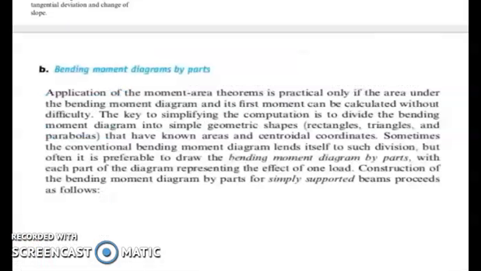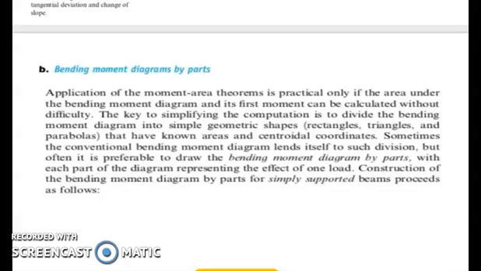So the bending moment diagram by parts. The application of the moment area theorem is practical only if the area under the bending moment diagram and its first moment can be calculated without difficulty. So the key to simplify the computation is to divide the bending moment diagram into simple geometric shapes.